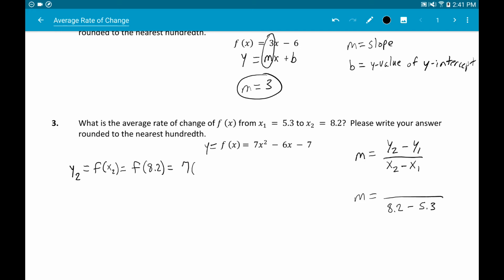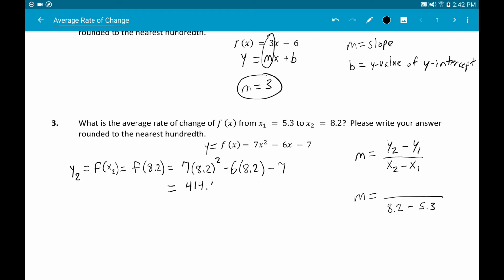So 7 times 8.2 squared minus 6 times 8.2 minus 7. Alright, now let's go ahead and get your calculator, and you can calculate that. 7 times 8.2 squared minus 6 times 8.2 minus 7 is 414.48.